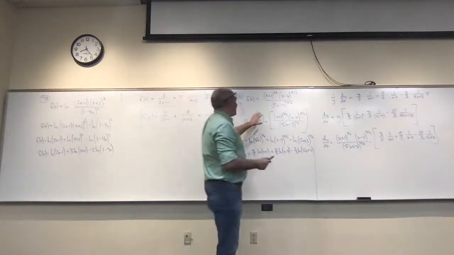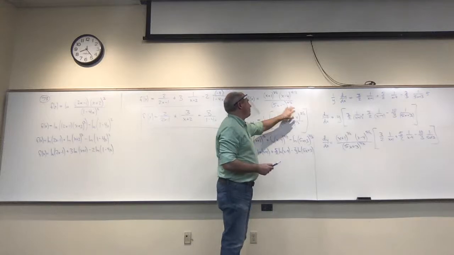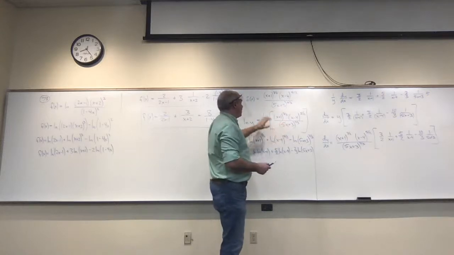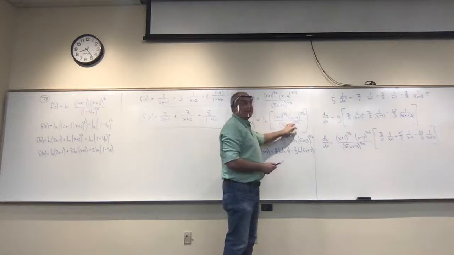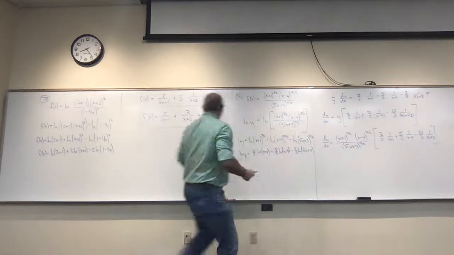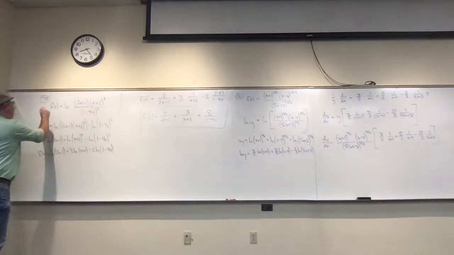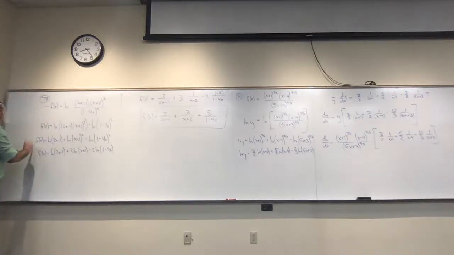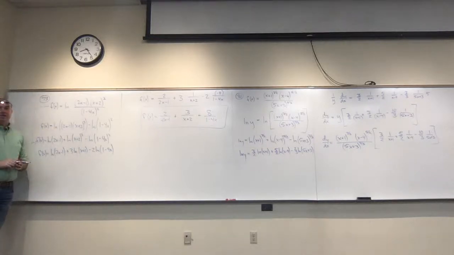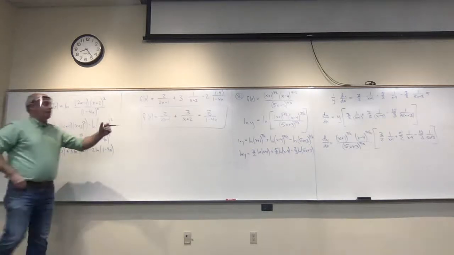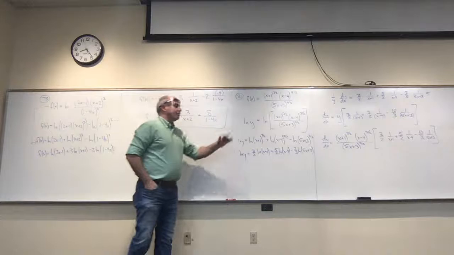But all I did is I said, okay, I've got ln of something times something divided by something. So that's ln of this one plus ln of this one minus ln of this one, which is exactly what I did here. I could have just gone from this step to this step without doing this middle step. I just did this middle step to make sure that everybody kind of knew what I was doing. And then over here, I skipped it, and maybe that wasn't so good, but does that make sense?